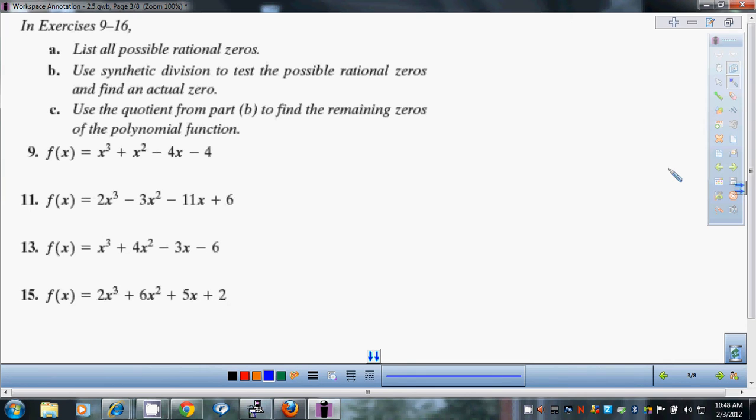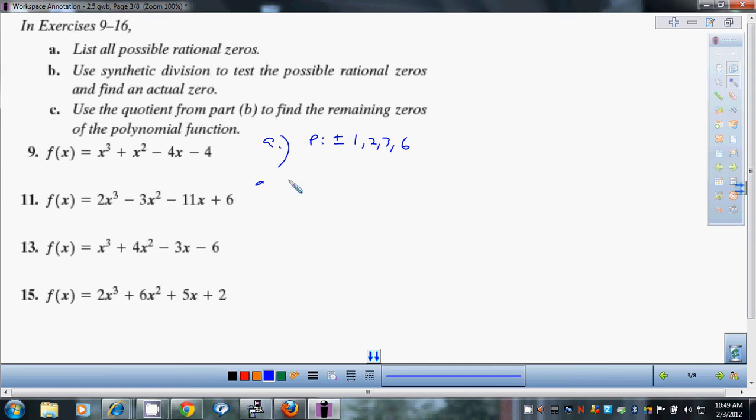So let's pick one and work it. Which one do you want to work? 11 you said? Alright, 11 was the first thing I heard. So here we go. Part A. Our P's over Q's. Our P's are very good.